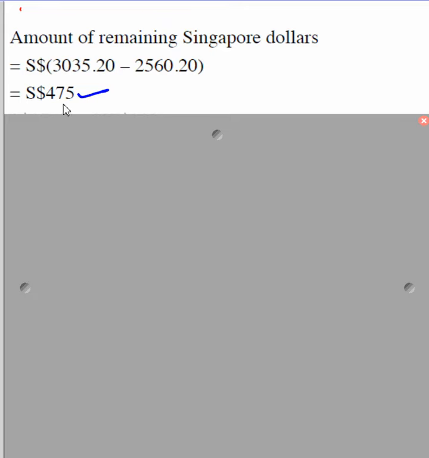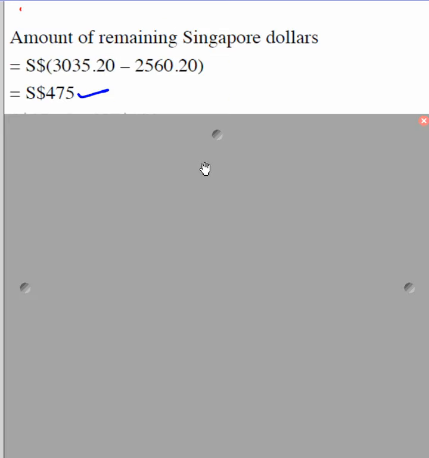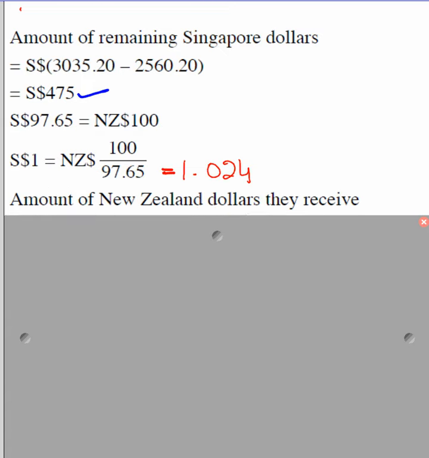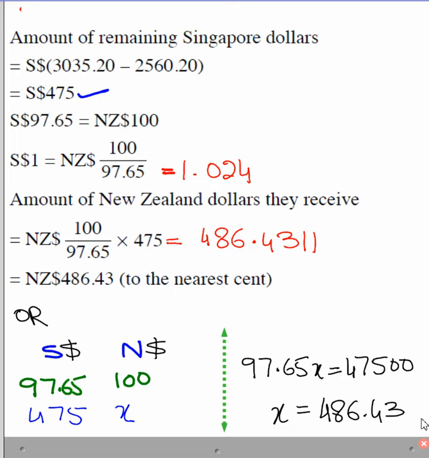And how much money did they have after the subtraction? 475. So 475 will become how much? So simple cross multiplication. If you're good with the unitary method, you can do it like that. So this is all I have written here for this question.